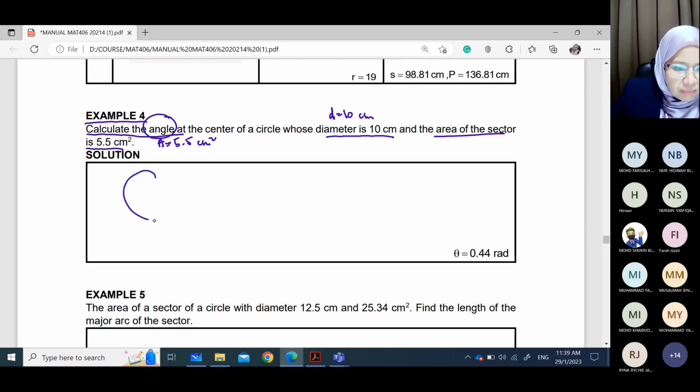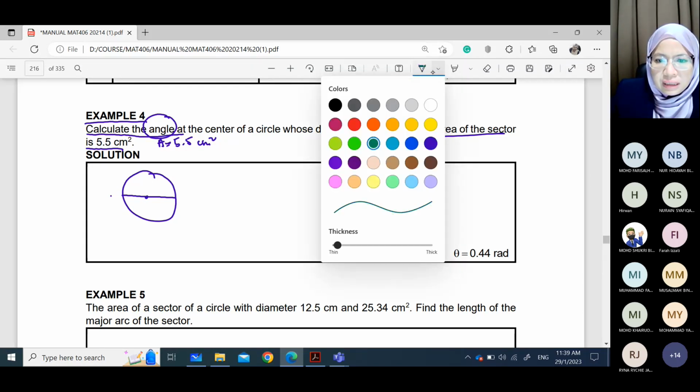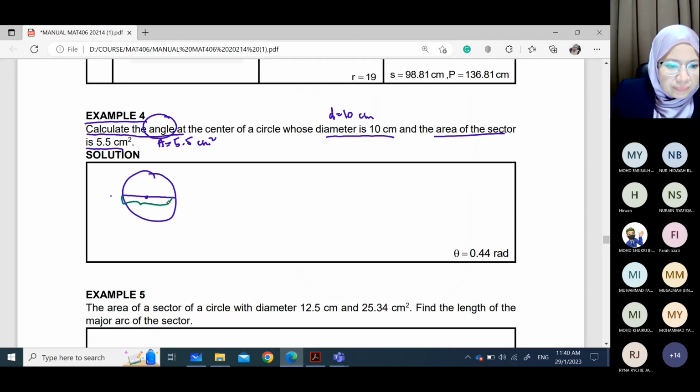Dia macam ni lah gambaran dia. Kita ada bulatan and then we have a diameter. So diameter adalah jarak daripada endpoint kepada endpoint melalui center. So center dia dekat sini. Jarak dari sini ke sini adalah 10 cm.